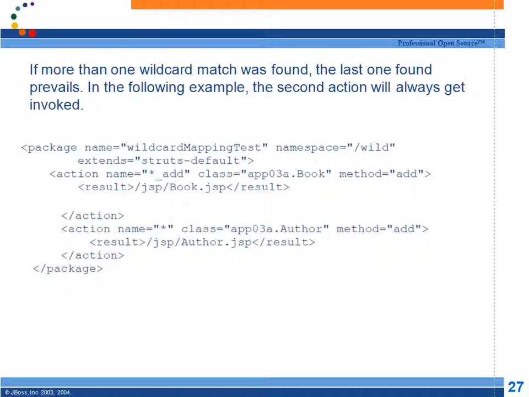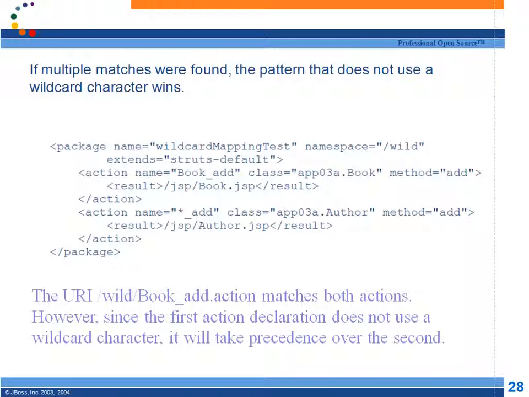The second. X underscore add, even though this is matching, the one which comes last will be used. Then this one: if multiple matches were found, the pattern that does not use a wildcard wins. So if I give book underscore add, book underscore add is matching both, right? But the one which is not using the wildcard will win.